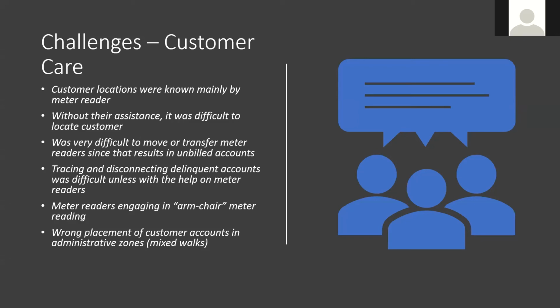We also had challenges of our meter readers sometimes not going to read meters, and they do what we call armchair meter reading, where they try to estimate or give readings to accounts without necessarily going to the customer premise to read their meters.